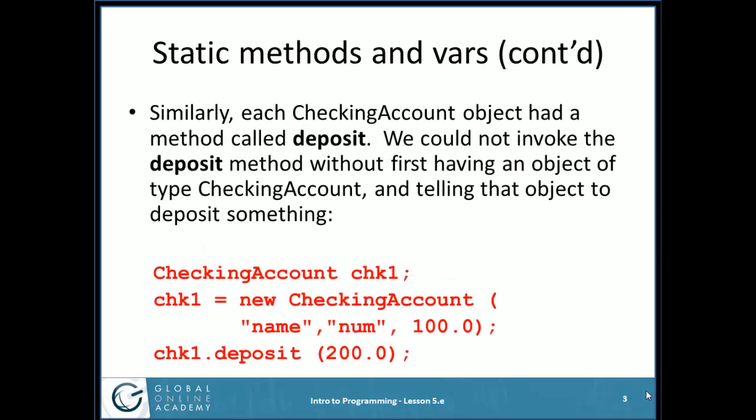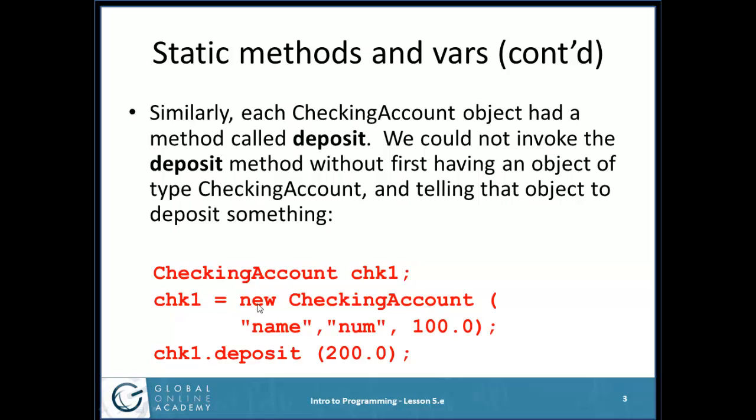Similarly, they each had a method called deposit, meaning we couldn't invoke the deposit method without first having an object of type checking account and then telling that object to deposit something. So we might have had code like this in a main method or in bank runner in your programming examples. Checking account check1. That means create me an object whose variable name is check1 that's of type checking account.